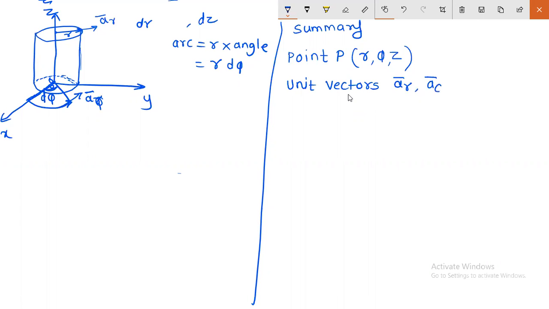And the third unit vector in the direction of z is given as A bar z. So these are the three unit vectors here. Did everyone understand this? In whatever directions we are going, those are nothing but your unit vectors. Then the third is the differential lengths.